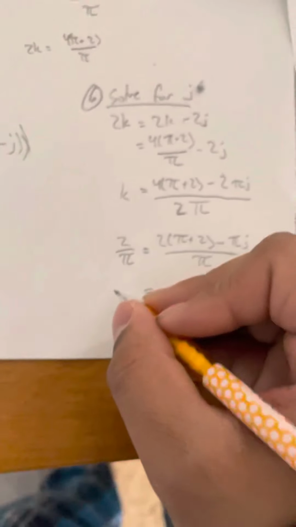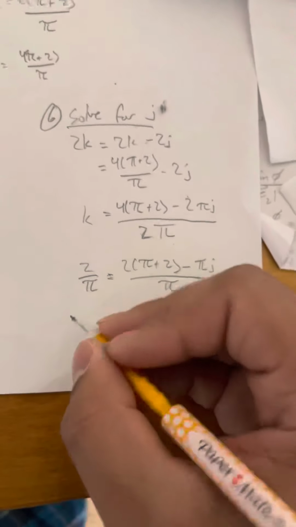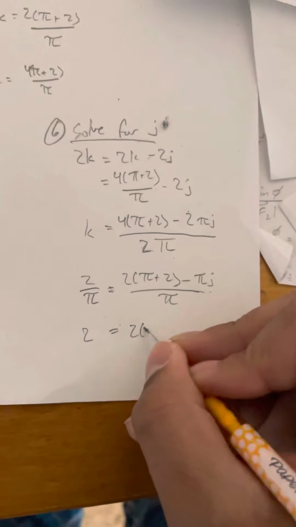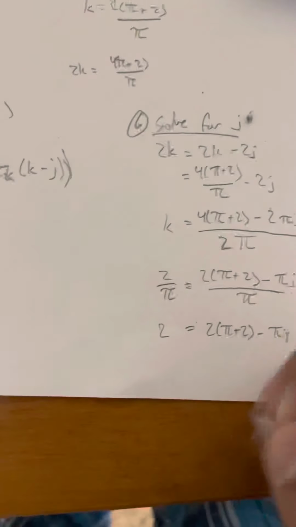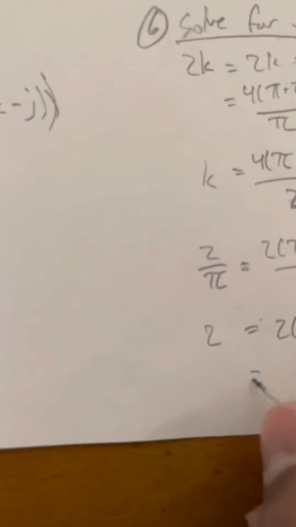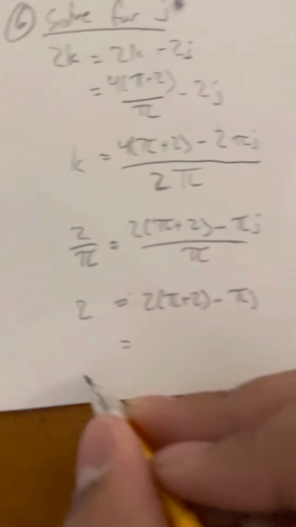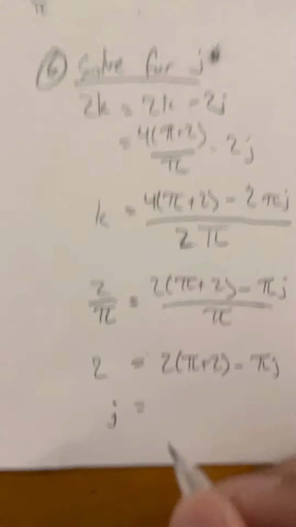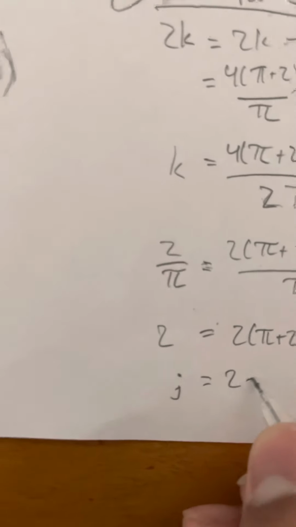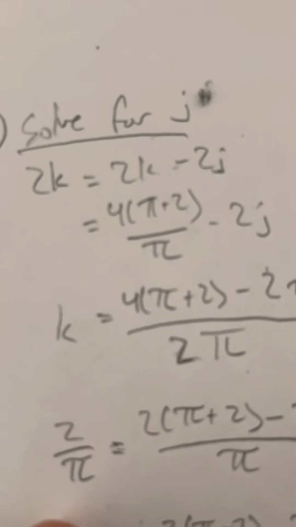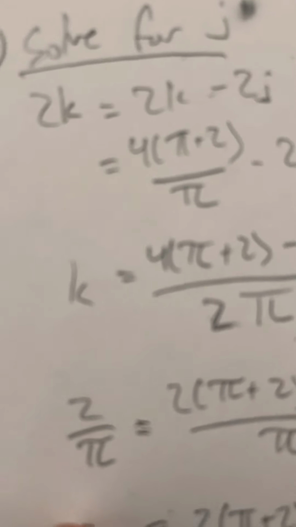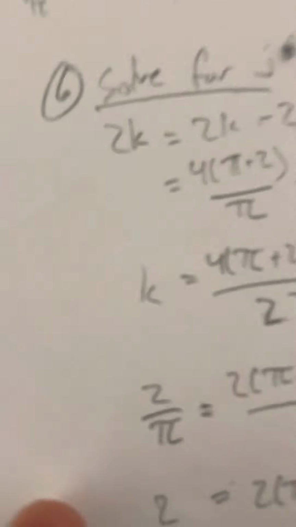Then we can multiply both sides by pi, to remove the denominator from each. So now we have 2 pi plus 2 minus pi times j. And just because I don't have any room, I'm just going to quickly simplify j to 2 minus 2 pi plus 2, or pi plus 2, over negative pi.